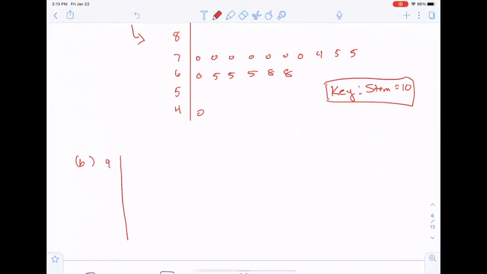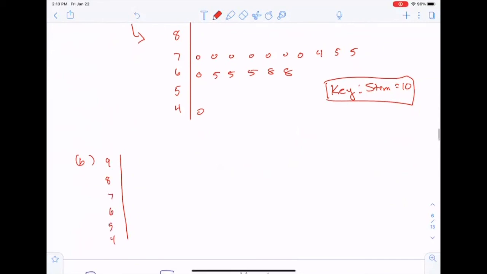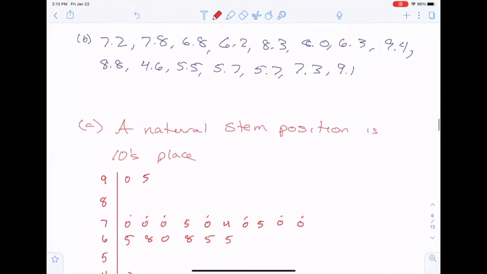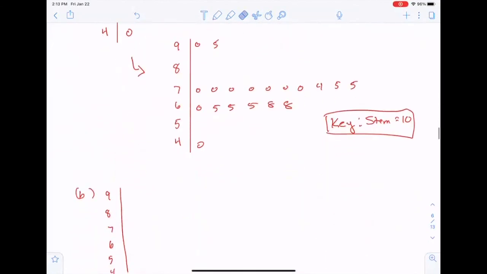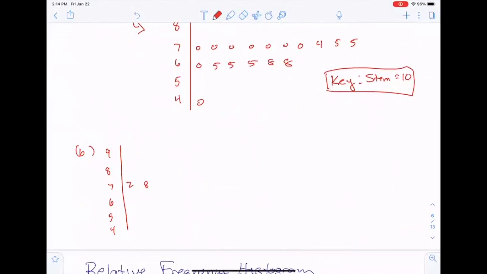They're going to be 9, 8, 7, 6, 5, 4. And then I'll start listing them unsorted. So we get 7.2, 7.8, and then we'll just keep listing them unsorted, so we don't keep going back and forth.